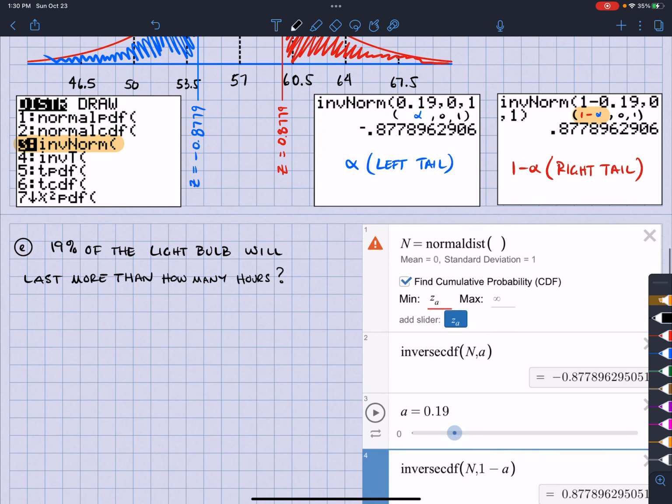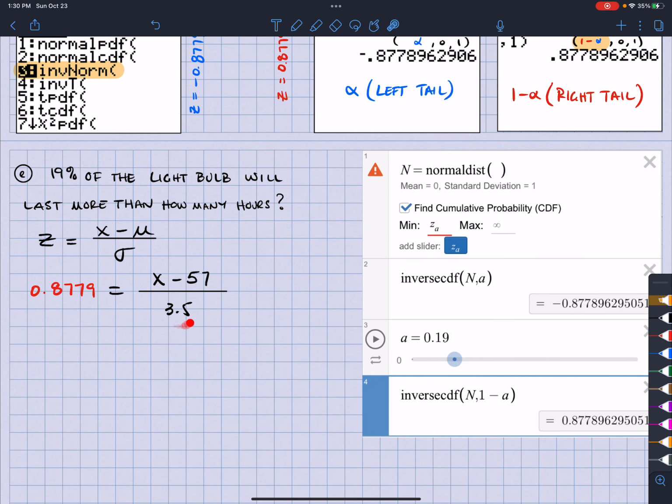I know that z is equal to x minus mu divided by the standard deviation, correct? So what I have now is the z-score, 0.8779, and that equals x, which I don't know, minus my mean, which was 57, divided by the 3.5.